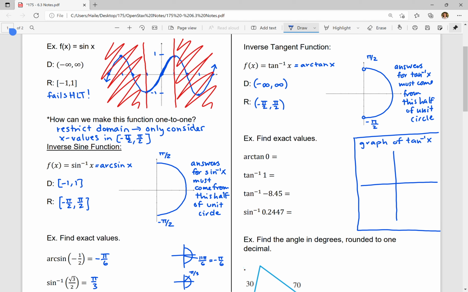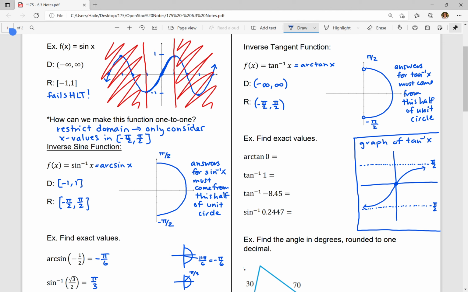The way that tangent inverse looks is we've got a horizontal asymptote up here at pi over 2, and another horizontal asymptote down here at -pi over 2. And then in the middle of this, we've got a sideways looking tangent.